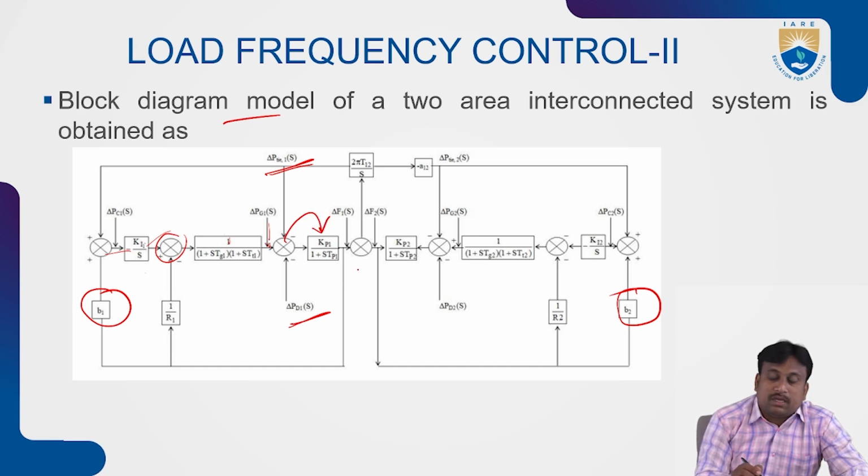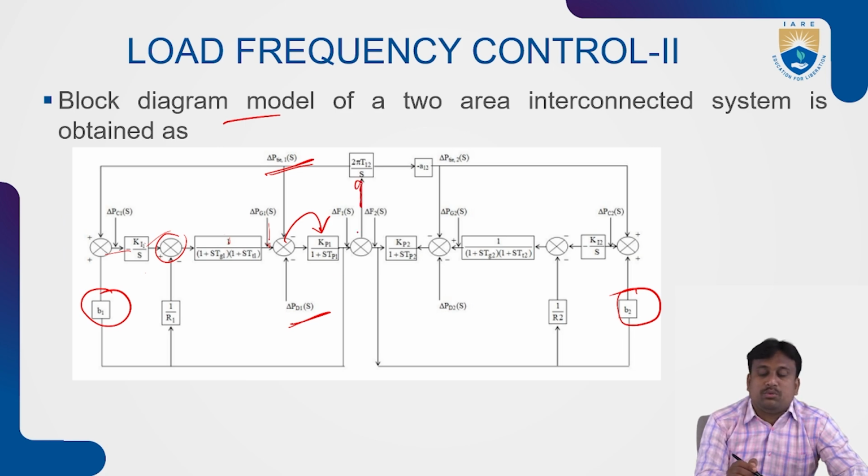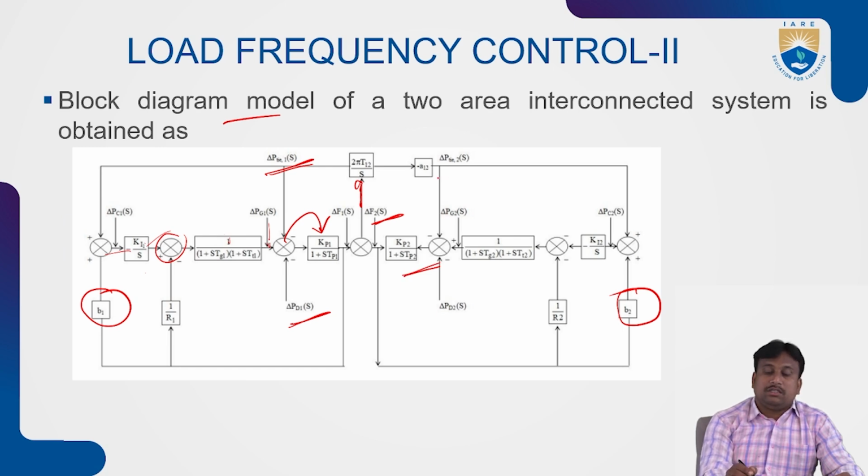This block is Kp1 by (1 plus S Tp1). The intersection of these two sections is connected to 2 pi T12 by S. Whenever a change of frequency happens, delta F2 of S comes into play. This second section is connected by Kp2 by (1 plus S Tp2), and this block is connected by the control section as tie line power 2, with 1 by (1 plus S TG2) into 1 by (1 plus S T2).